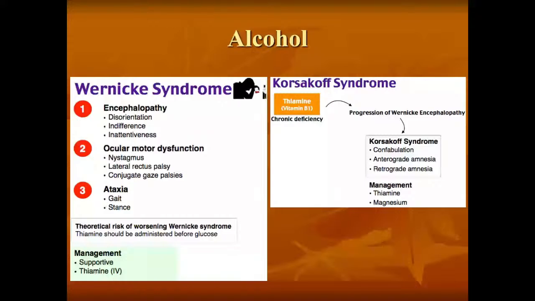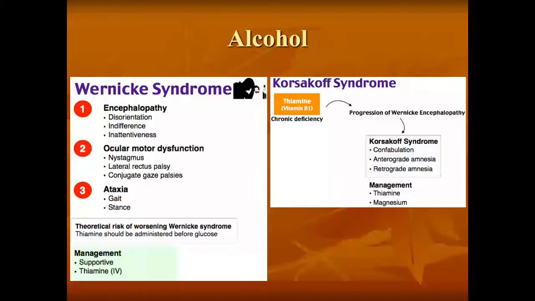The encephalopathy can present with disorientation, indifference, inattentiveness. So when we talked about in the beginning, is the patient able to focus on you, focus on the communication? This is a way to point you in this direction, especially if they have a history of alcoholism. And then the big thing is nystagmus with these. You can have some palsies and things like that, but these patients typically have nystagmus.